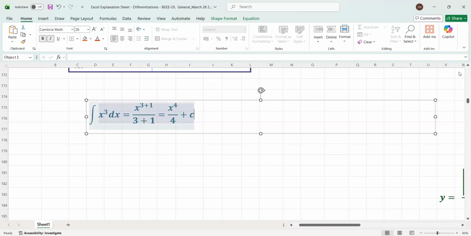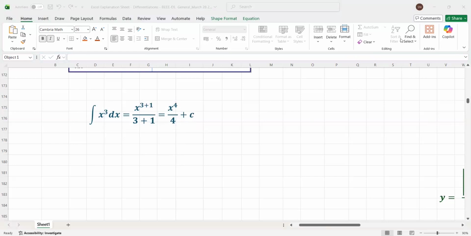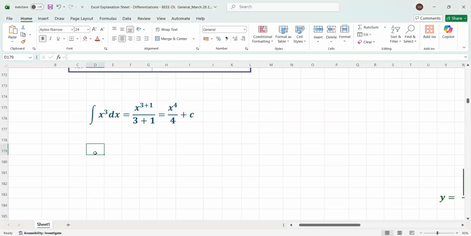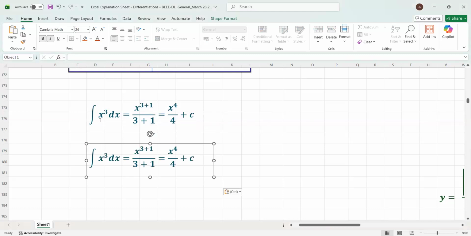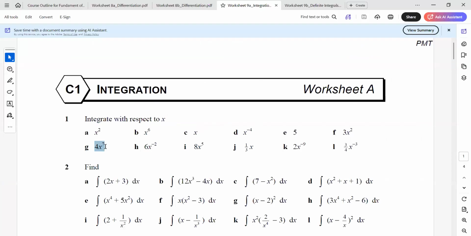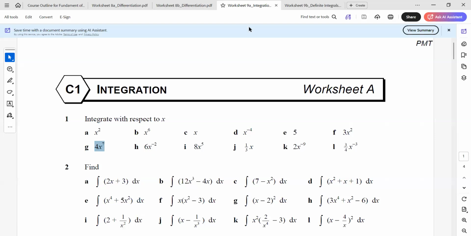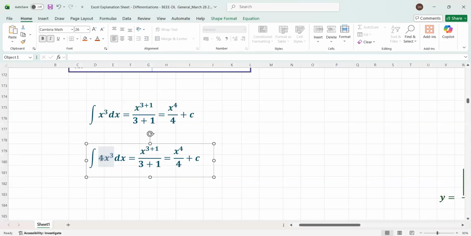Okay, maybe let's take another example. Let's pick another example from the worksheet. If we have 4x to the power 7, let's try that. So this time I have 4x raised to the power 7.